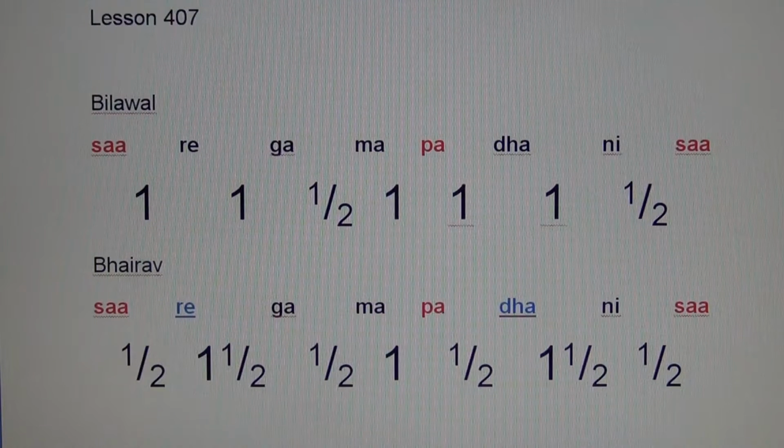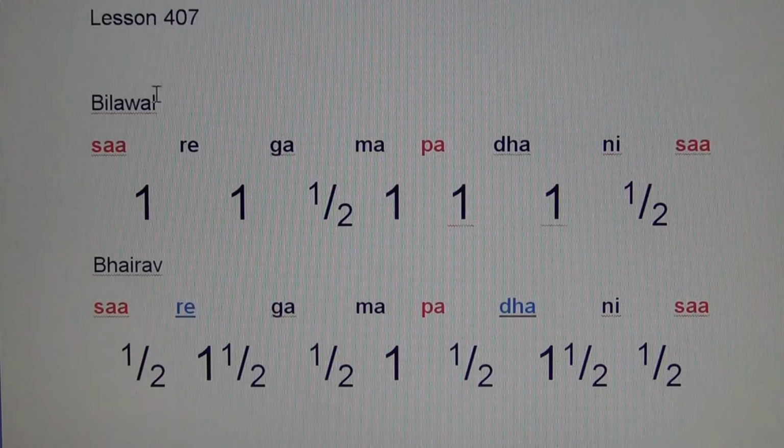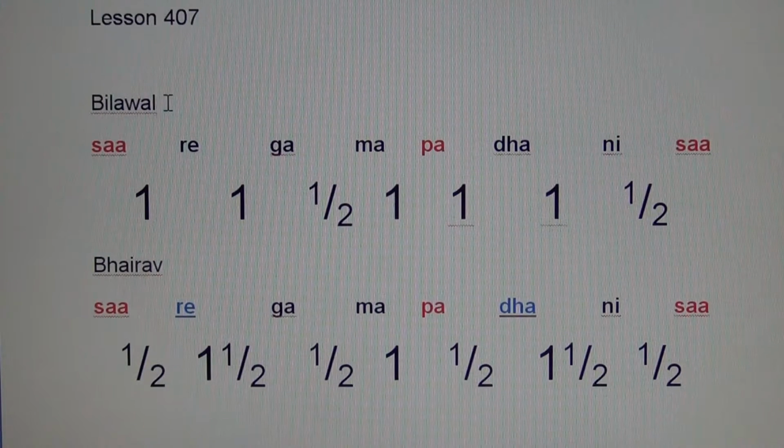Now if you have gone through lessons 401 through 406, you would have seen that all of the thaats given there, all of the scales given there, are based on the major scale in the Western system, or Bilawal in the Indian system.